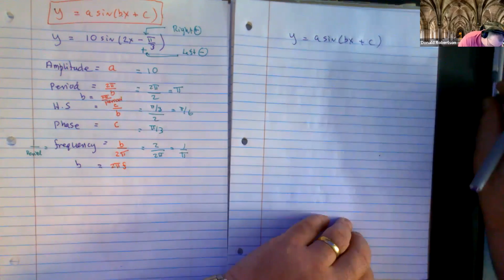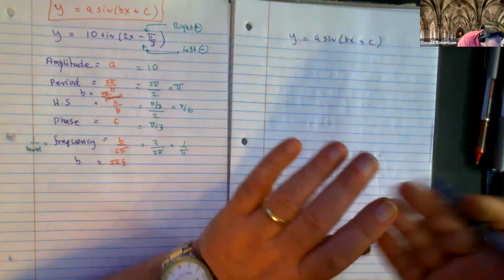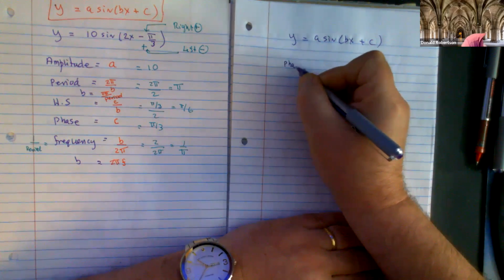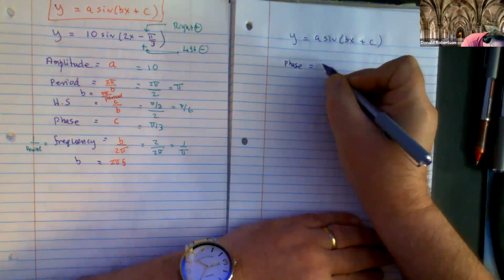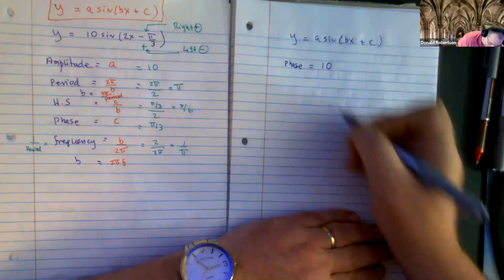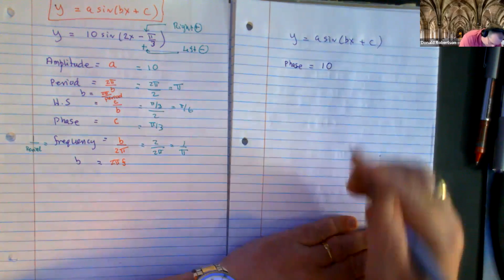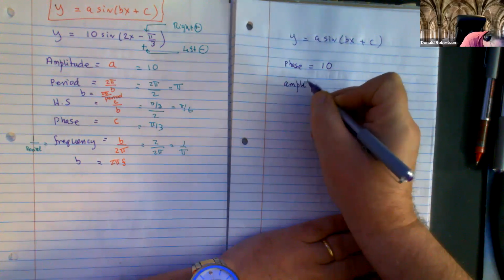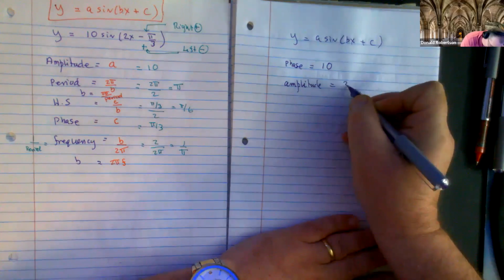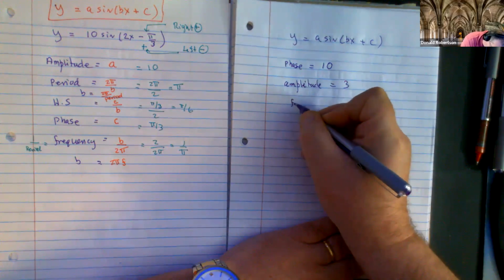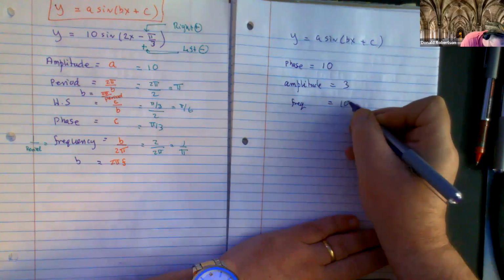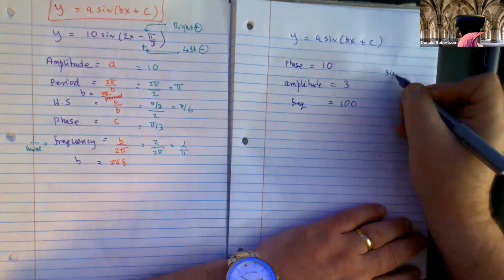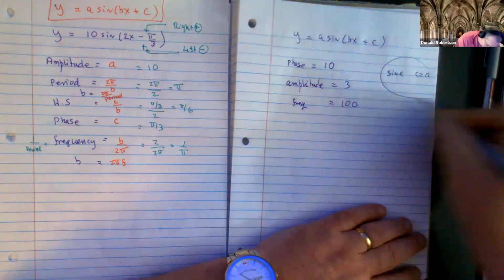In this question here, I'm going to tell you lots of stuff. I'm going to tell you that the phase is 10. I'm going to tell you that the amplitude is 3, and I'm going to tell you that the frequency is 100, and that it's a sine function, and that C equals 0.